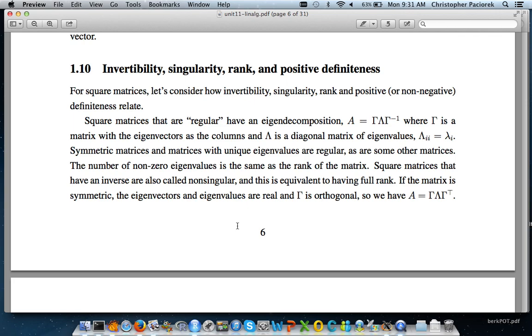So what have we got here? We're just taking linear combinations of y's. The y's are the random variables, and I'm taking linear combinations of those. So this expression here is just the variance of some linear combination of the y's. And what this says is, if I have a covariance matrix, what does that mean? It means that any linear combination of the elements in my random vector has a positive variance.